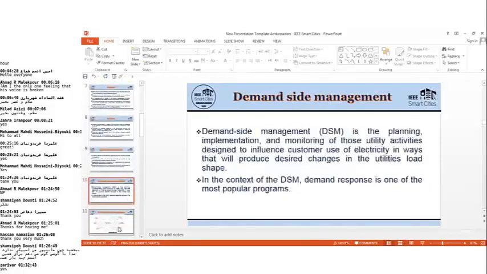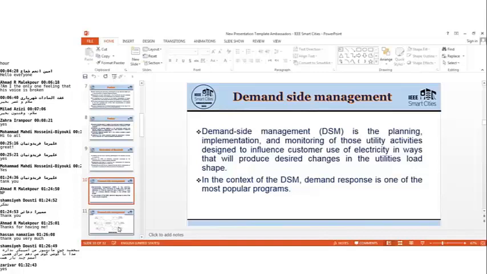And then about demand side management. As I mentioned before, demand side management is the planning, implementation, and monitoring of those utility activities designed to influence customer use of electricity in ways that will produce desired changes in the utility's load shape.